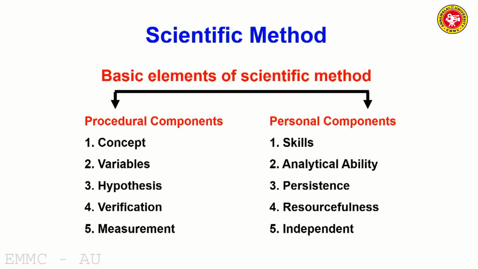Then we can see personal components. What are the personal components? As a researcher, what qualities must you have? Skills, analytical ability, persistence, resourcefulness, independence. For example, you want to make a study about AIDS, the HIV virus. The main cause for the majority of the cases is commercial sex workers, so your respondents may be commercial sex workers.